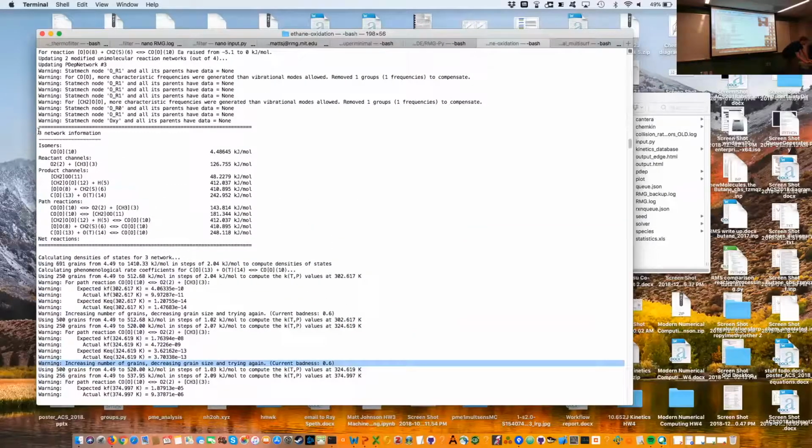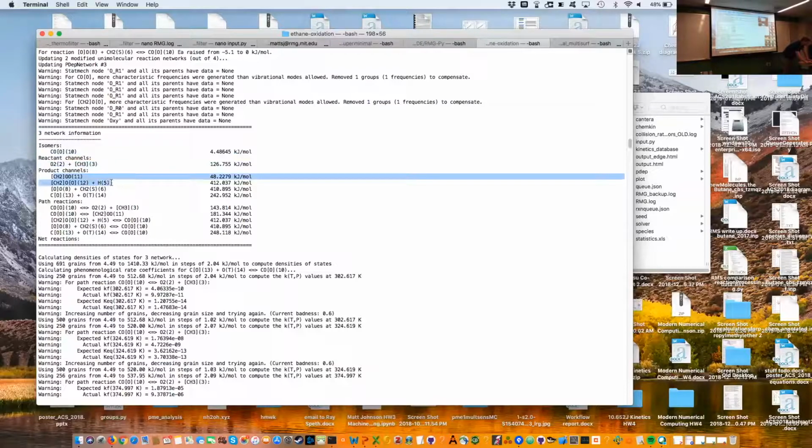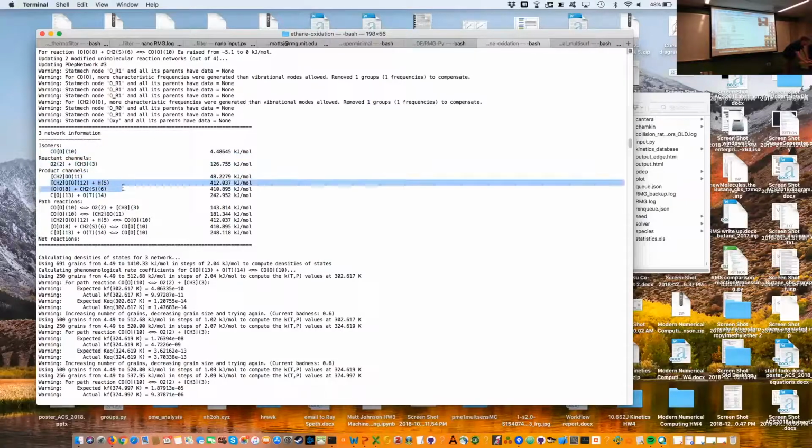And so you can see this network has a reactant channel. What it's looking at is what happens when O2 and a methyl radical combine to make this isomer, which has a number of product channels. Some of these are unimolecular product channels, and some of these are bimolecular.